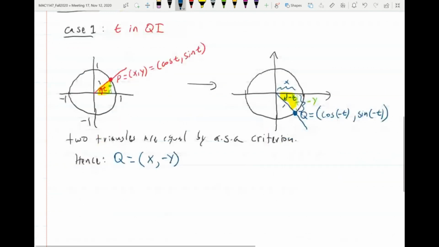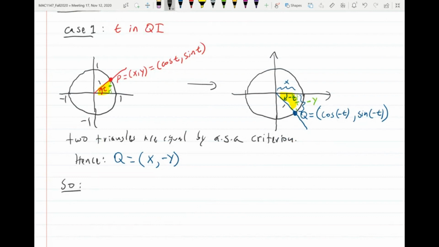So moral of the story, what do we see here? Sine of negative t, which is the y value of Q, is going to be equal to minus y. But remember, y is sine of t, so this is minus sine of t. Cosine of negative t, that's just the x value of Q, which is the same thing as cosine of t.